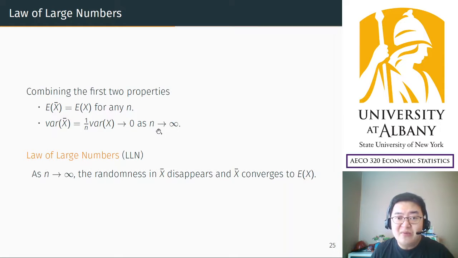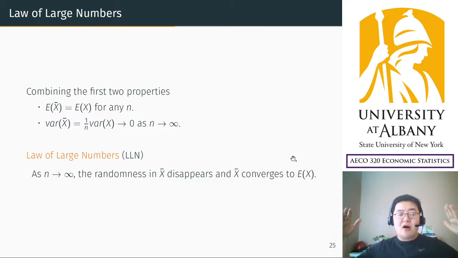In the limit, the variance of the average is zero, which means x bar, the average, is not random. Its variance is zero. So randomness in x bar, the average, disappears as n goes to infinity. In the limit, the randomness disappears and x bar always converges to the original expectation of x, right?